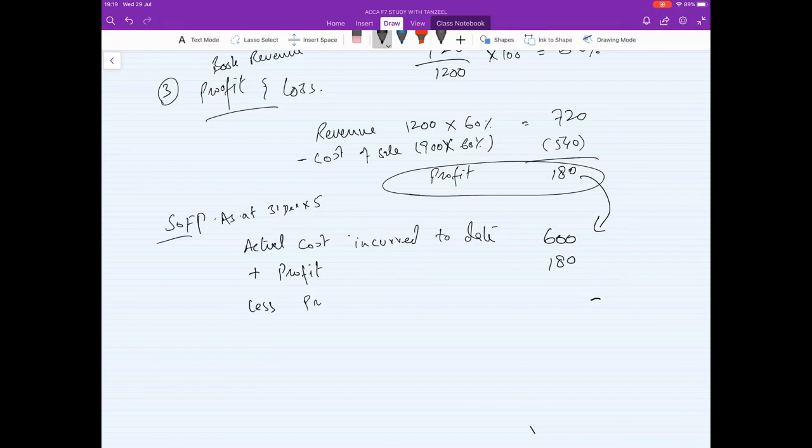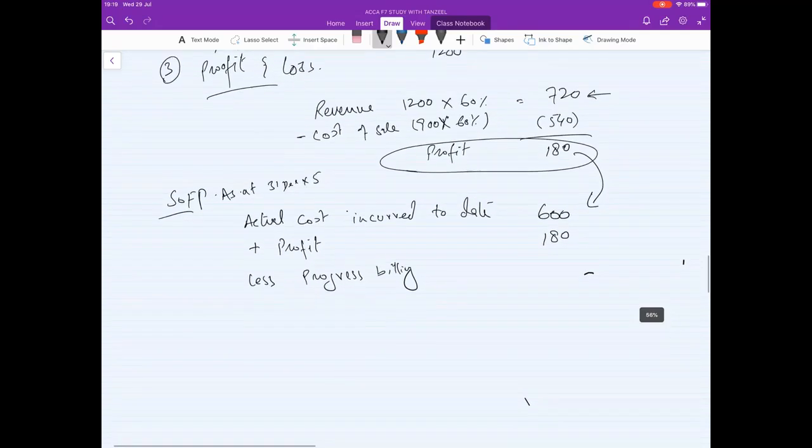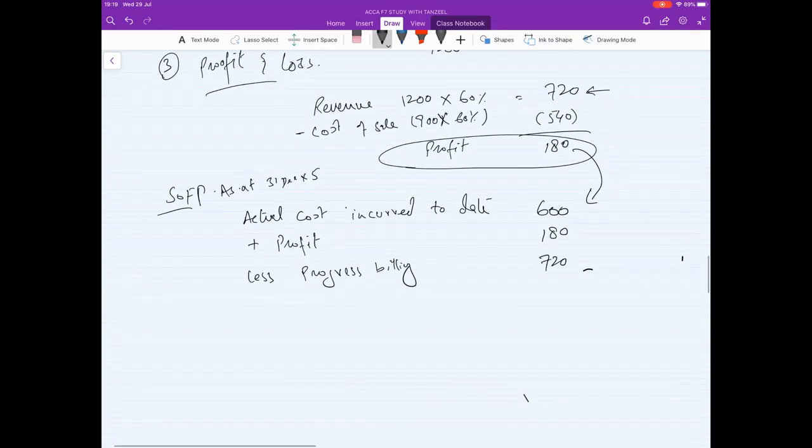Less progress billing. Progress billing means how much you have already charged. So you can see 60% has been done. If you take 60% of 1200, it means this work has already been done. 720 you can take, because this is the work certified already, which you have already got the money for.